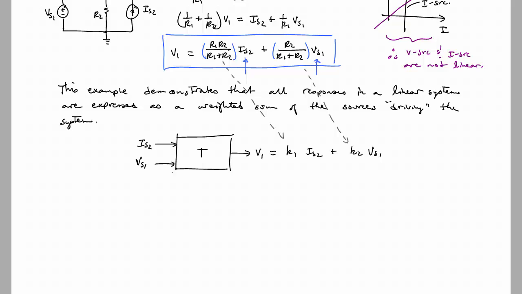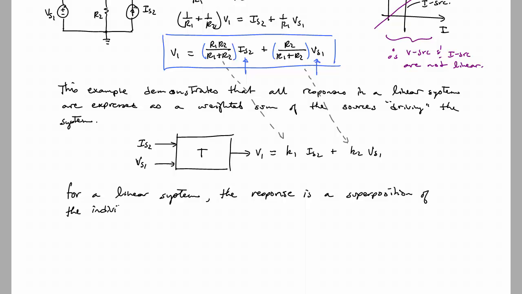The response for a linear system, I should write this. For a linear system, the net response is a superposition of the individual responses.